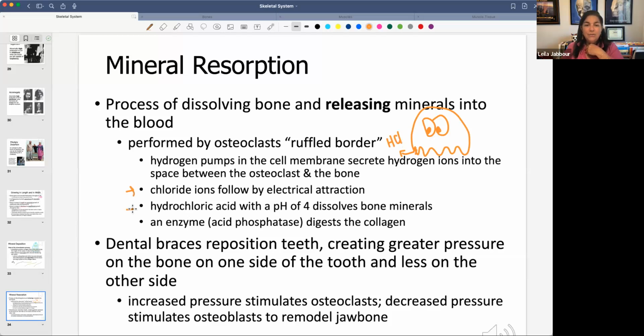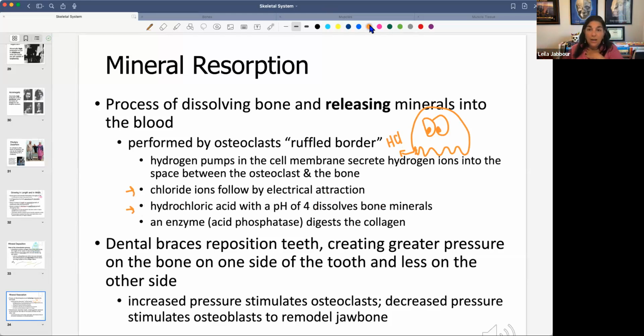The pH is very low, and this acidity literally dissolves those crystals. Basically, think of them as they just disintegrate. I don't like to use the word melt, but they just kind of disintegrate and diffuse out and away of the bone tissue and into the blood.